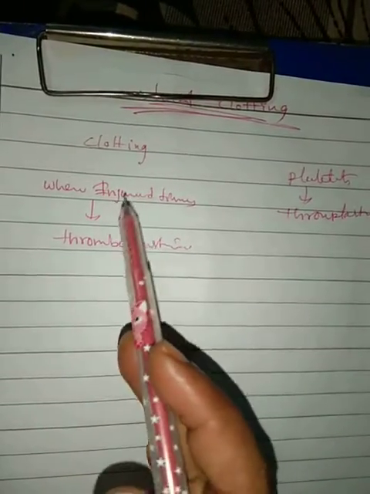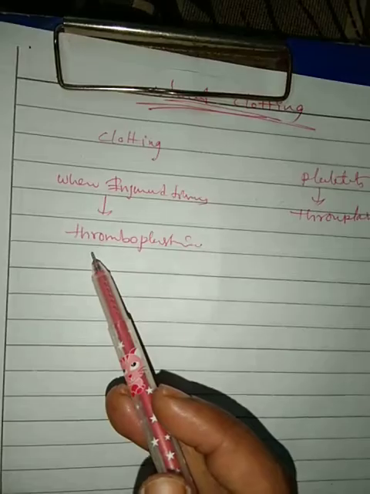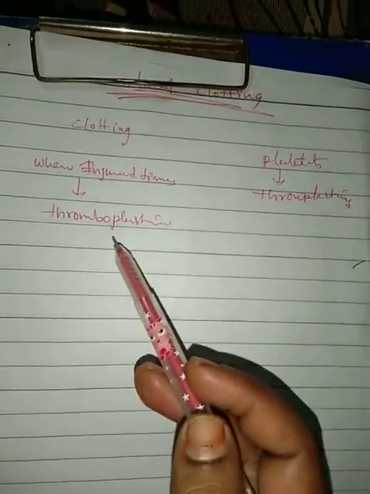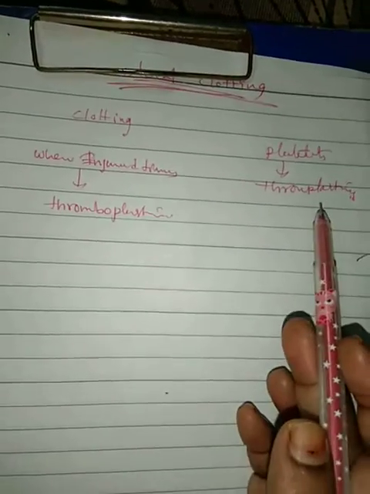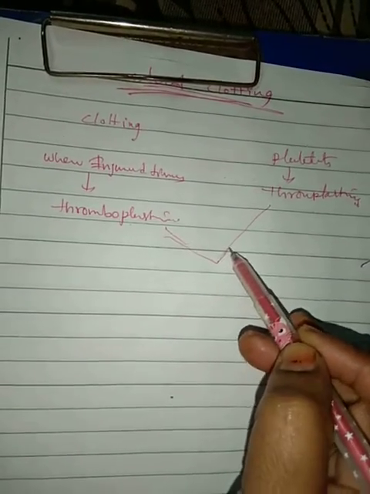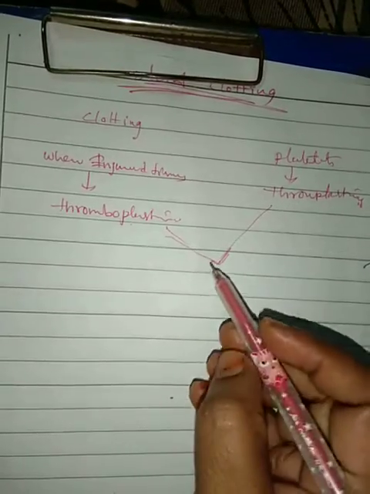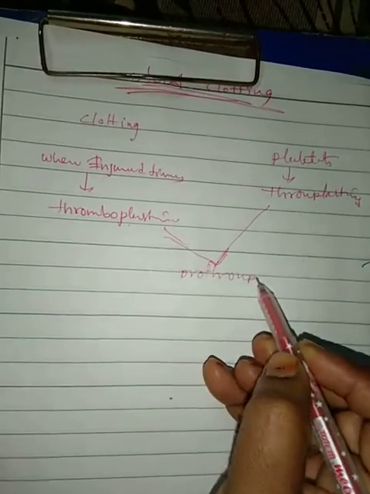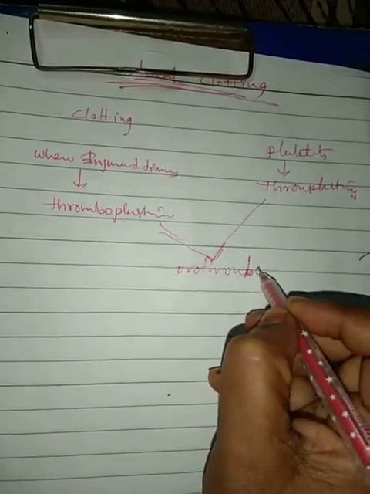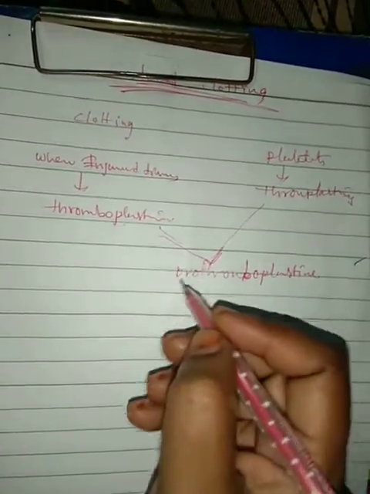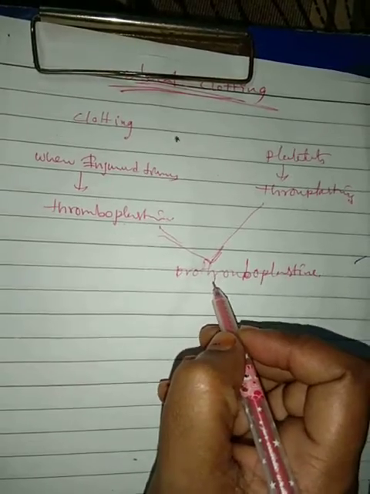So this is the injured tissue thromboplastin, and this is the platelet thromboplastin. Injured tissue thromboplastin and platelet thromboplastin fuse to form prothromboplastin.